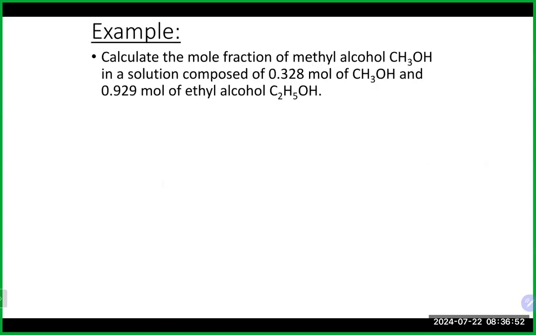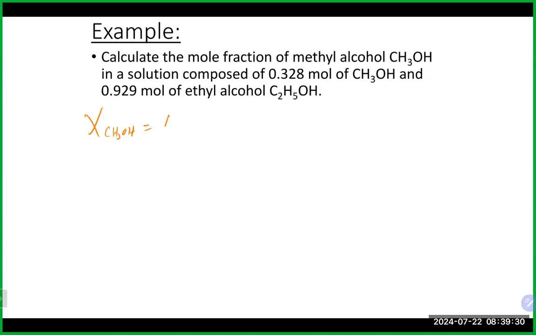So why don't you try one here? Calculate the mole fraction of methyl alcohol in a solution composed of 0.328 moles of methanol and 0.929 moles of ethyl alcohol. We're looking for the mole fraction here of CH3OH.